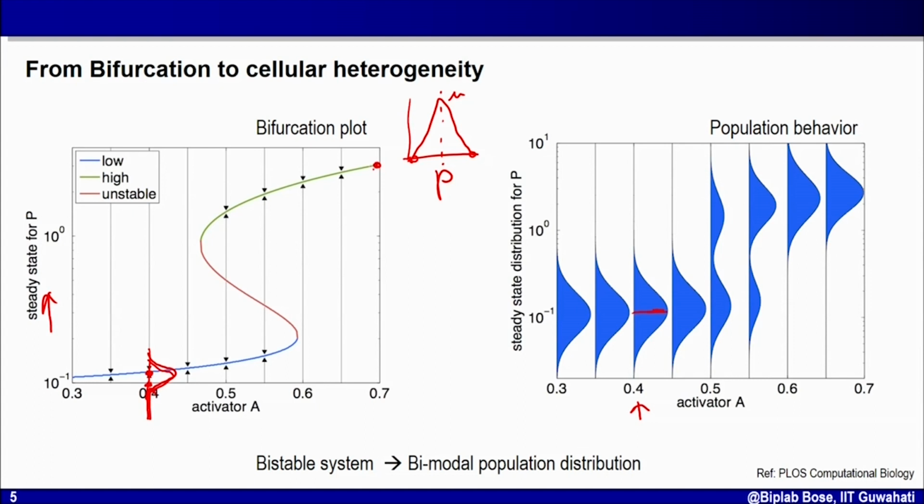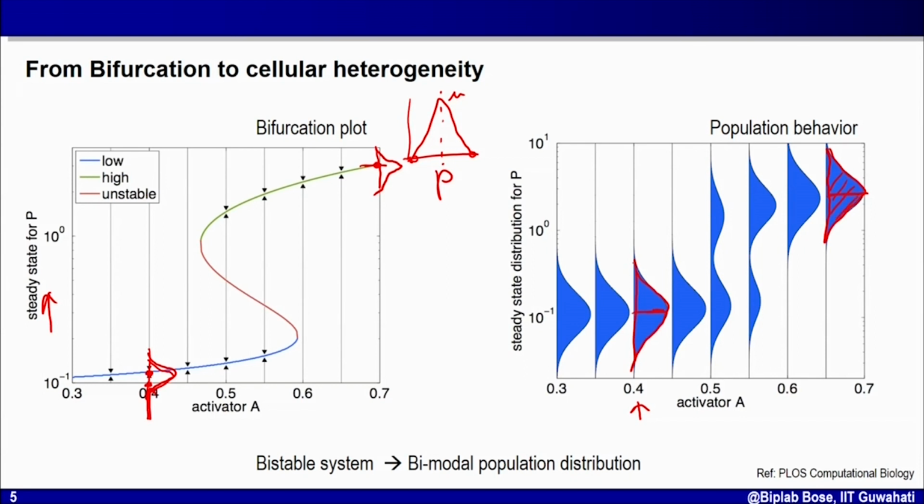At this steady state, the average value of protein in the cell population will be this value. But again, I will have a distribution. So all cells will not have the same value, but rather you have a distribution around this. So the mean value is this one, and you have a distribution around this. So when I have a low signal, I have a population distribution like this. When I have a high signal, I have a population distribution like this one.